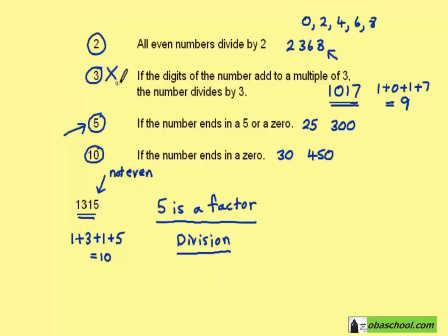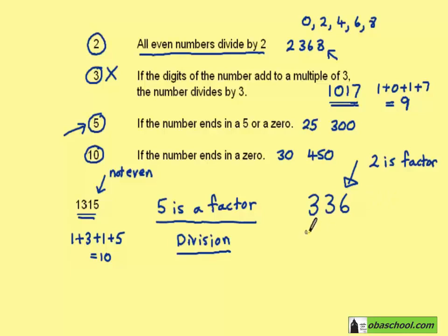We can use combinations to find factors other than the ones shown here. For example, consider if we had the number 336. It's an even number since it ends in a 6, which means it's divisible by 2. In other words, 2 is a factor.